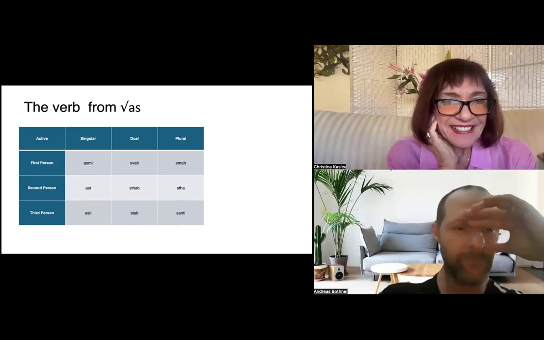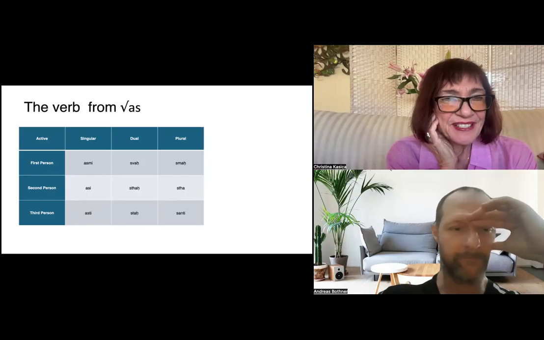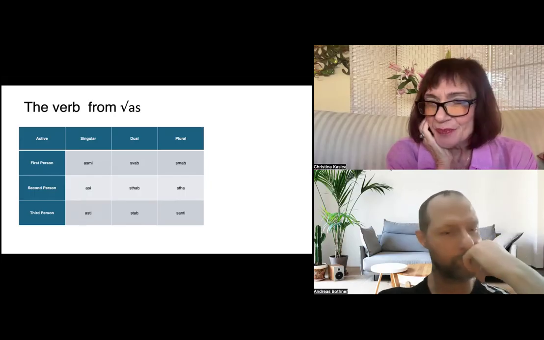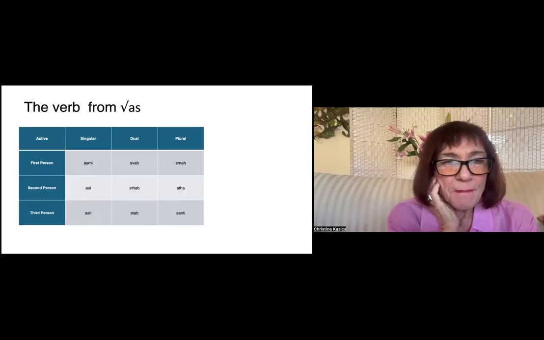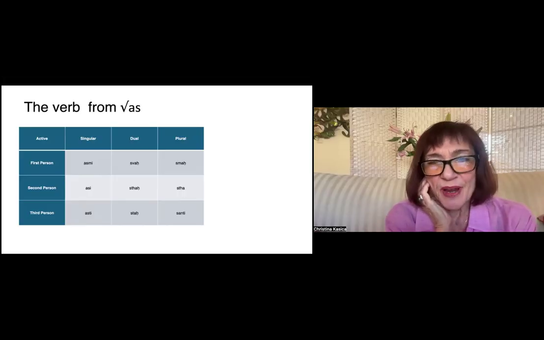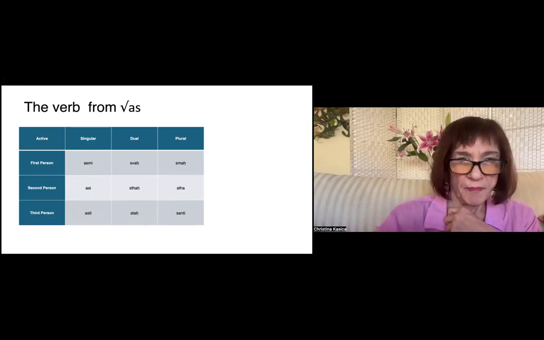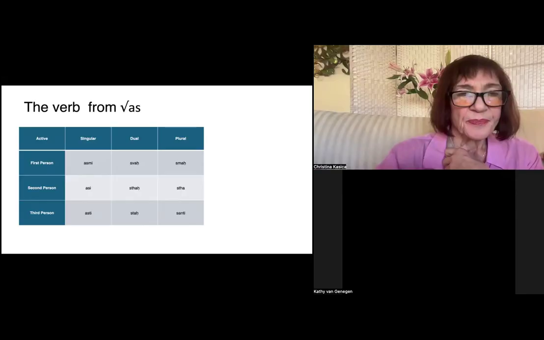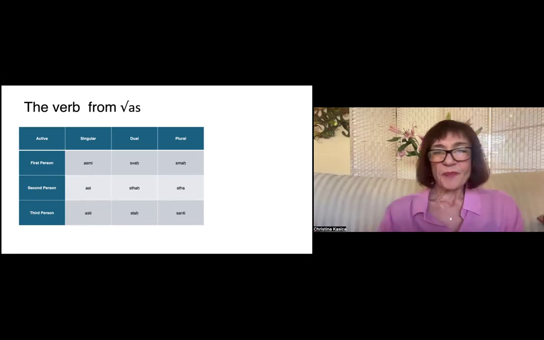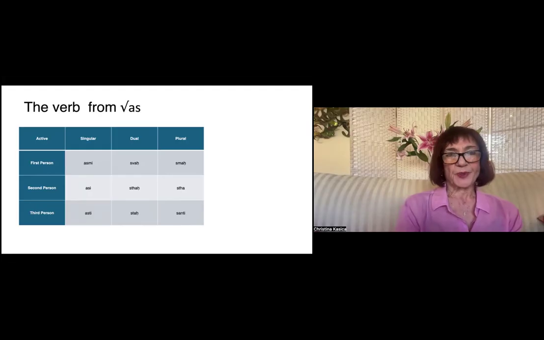Asi, stha, stha. Good. And how about the third person? Someone is brave. Come on. All right, I will. Yes. Asti, stah, santi. Good. Okay.